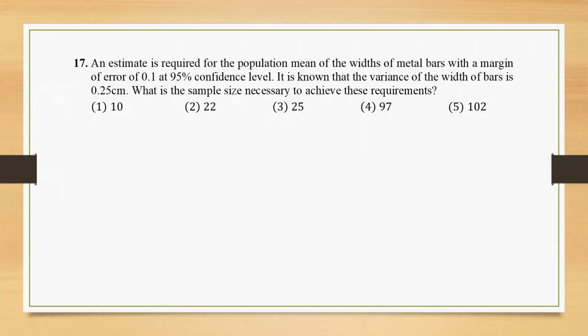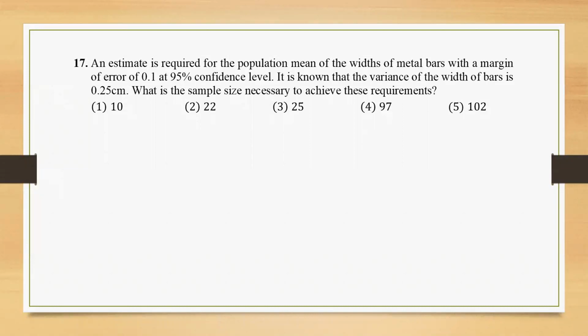It is known that the variance of the width of bars is 0.25 centimeters. Variance is known in this case, right? So it is important information. The population variance is known and it is equal to 0.25.